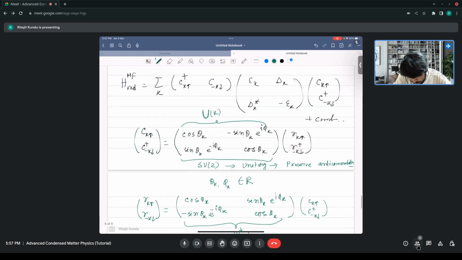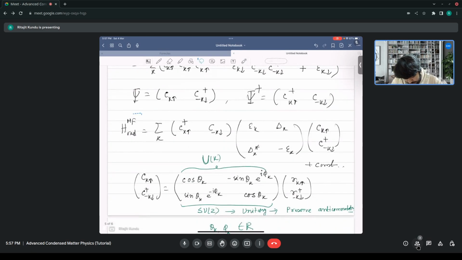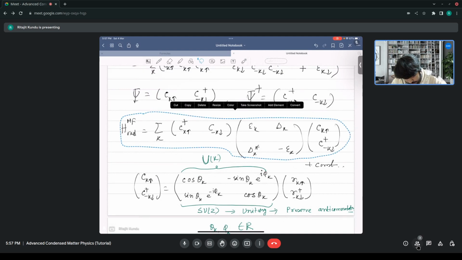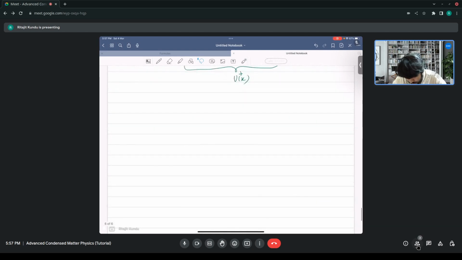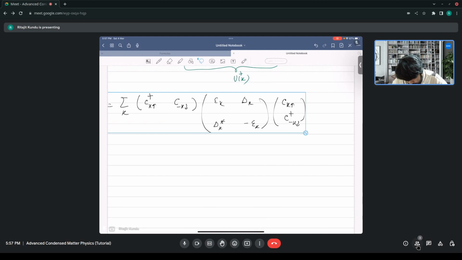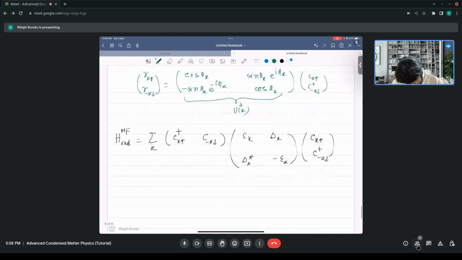Now I'll plug these linear transformations into this mean field equation. You see that it will become something like this. This is my psi dagger and this is my psi, right?